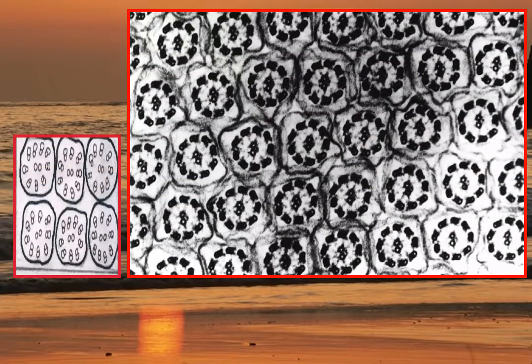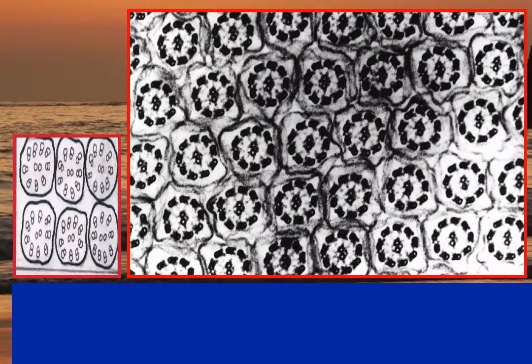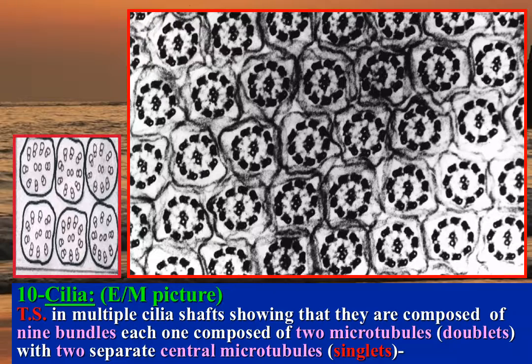Cilia, modification of centrioles. By electron microscope, their shafts are composed of 9 peripheral bundles, each one composed of 2 microtubules, doublets, with 2 separate central microtubules, singles. Thus, the wall of each cilium shaft is composed of 20 microtubules.